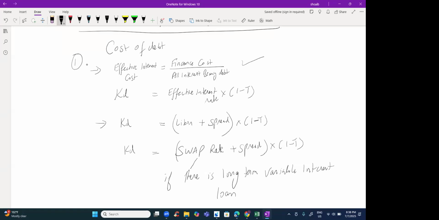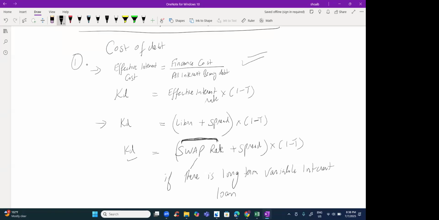So I want to take one rate. You will convert all the floating into a fixed rate, that is the swap rate, plus spread, into 1 minus t, that is your KD. But the simplest way is the first one: calculate the effective interest rate into 1 minus t. That's it. Simple.